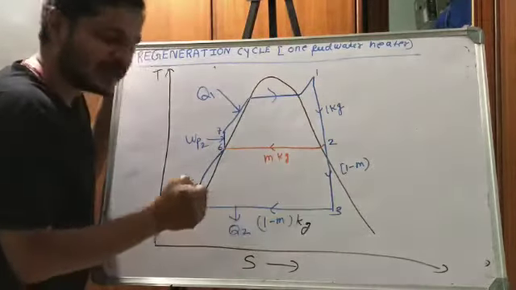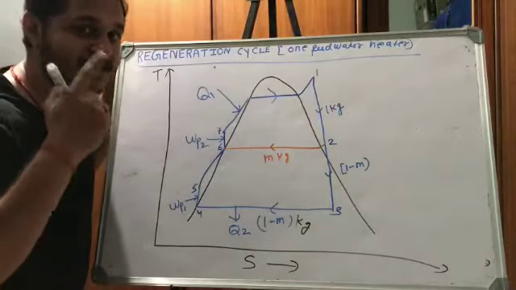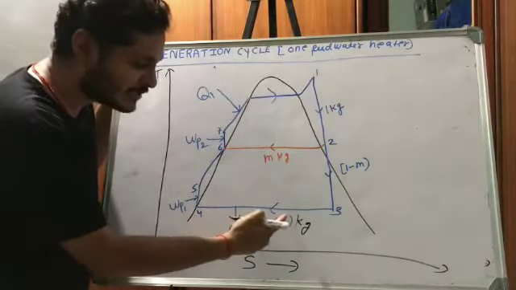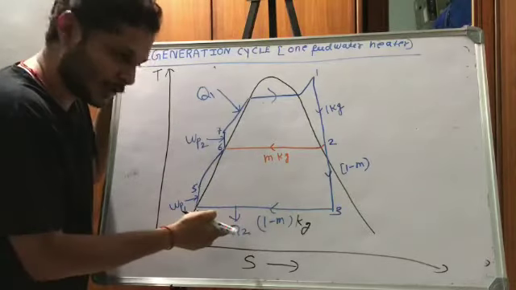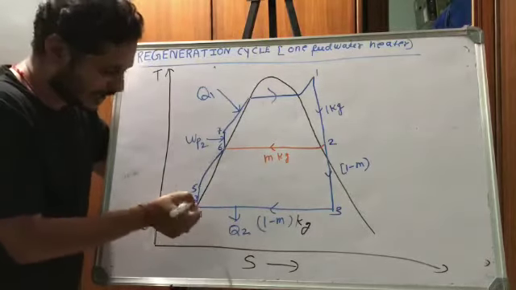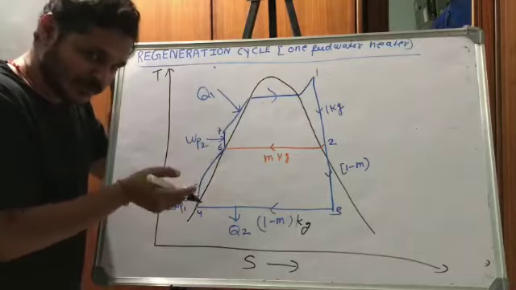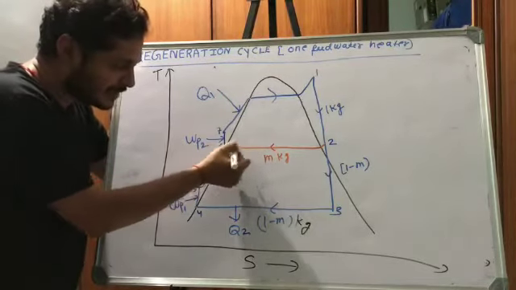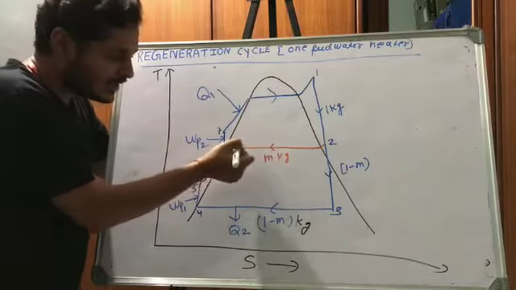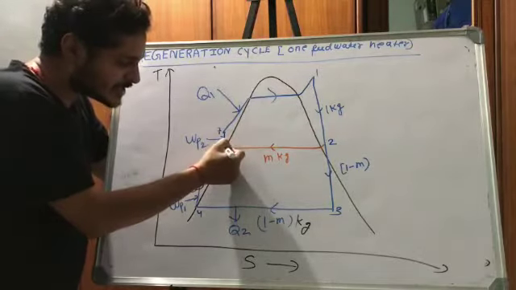From 3 to 4 it's the condenser where we are rejecting heat. Okay, so 1 minus m kg of fluid is rejecting Q2 amount of heat in the condenser. Again we come to point 4 and the pump pumps the fluid from 4 to 5. Okay, and again this m kg of steam taken out heats it in the heater at point 6.